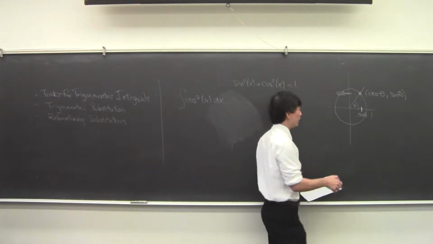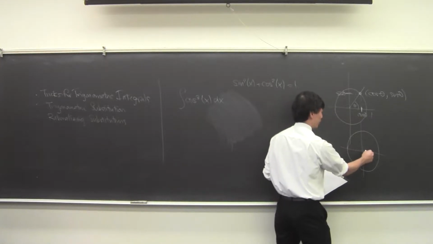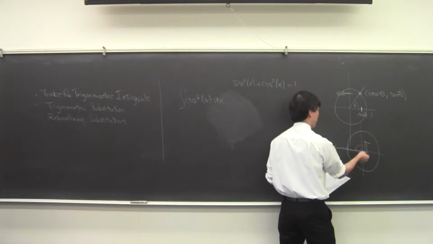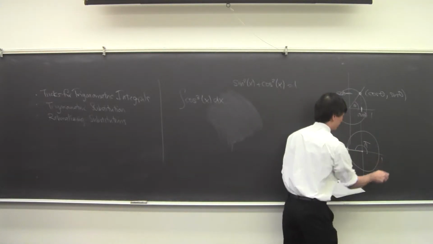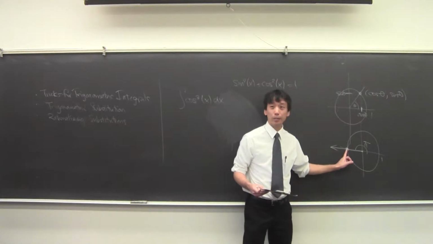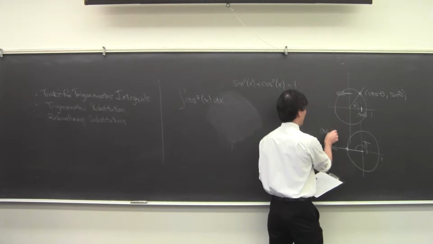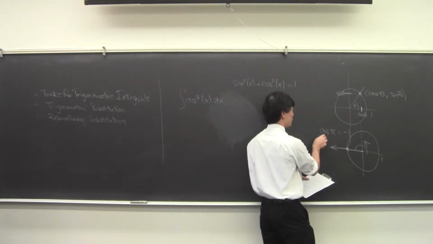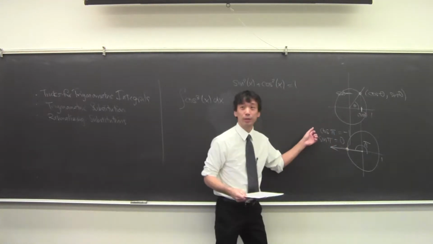So if I'm talking about the cosine of pi, I take the ray at angle pi, look at its point of intersection with the unit circle, and I want the x coordinate of that. Cosine of pi is going to be -1. Sine of pi is the y coordinate of that, and so that's 0.